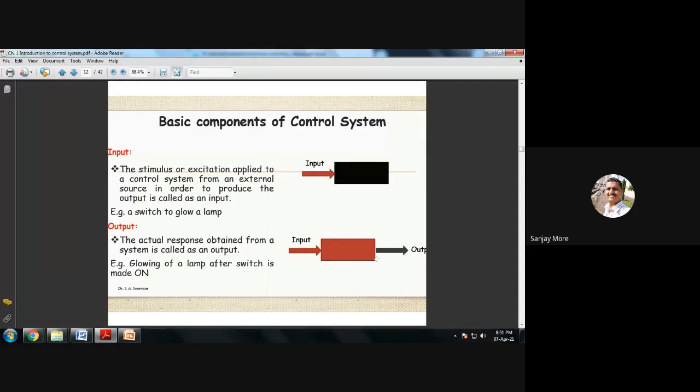The stimulus or excitation applied to a control system from an external source in order to produce the output is called as input.